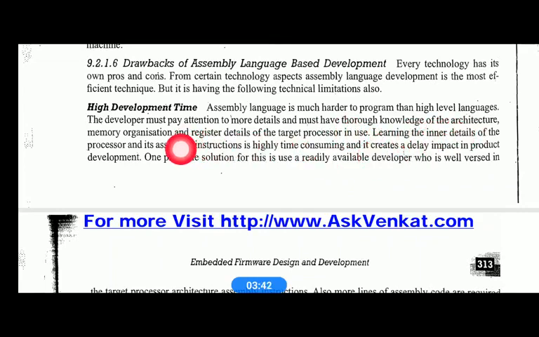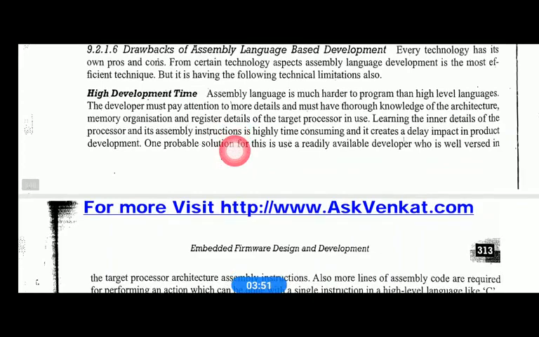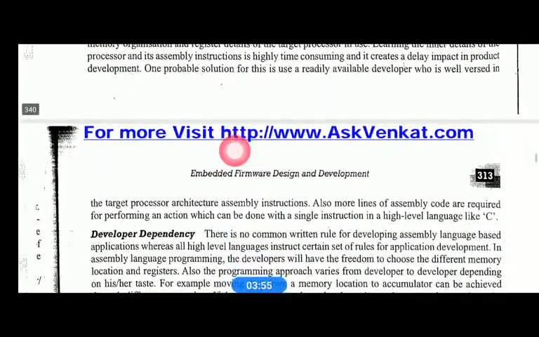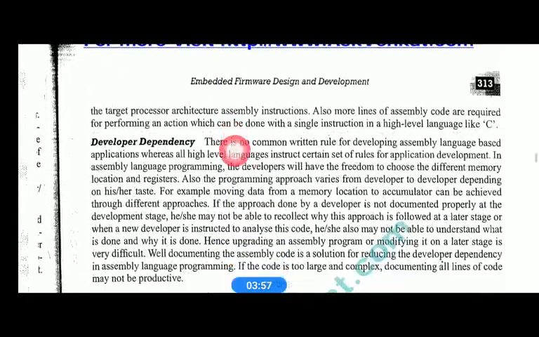The developer must know about its architecture, its memory, its register details, everything, and its inner details. So writing the program takes more time, and it will have some complexity.